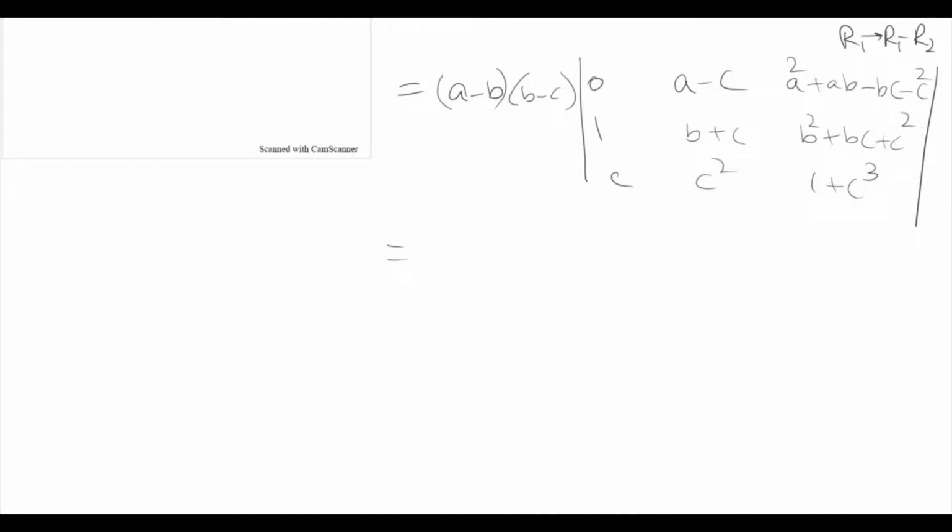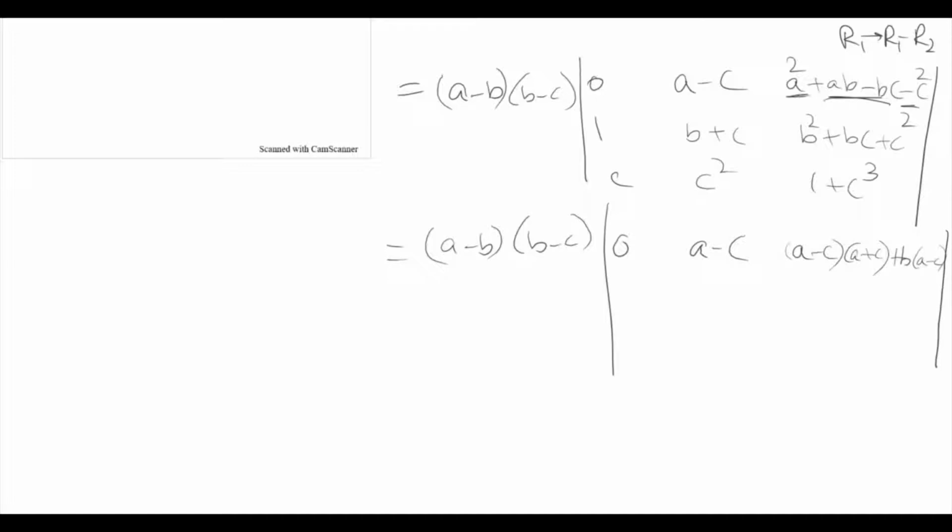That equals, in the first row, A minus B into B minus C of: 0, A minus C, and in the first and the last term, I can take out A minus C as common. So A minus C into A plus C plus, here AB minus BC, taking out B common, B into A minus C. Then 1, B plus C, B square plus BC plus C square, and this is C, C square, 1 plus C cube.